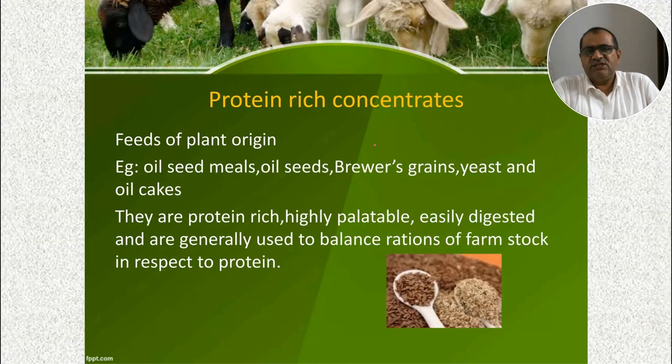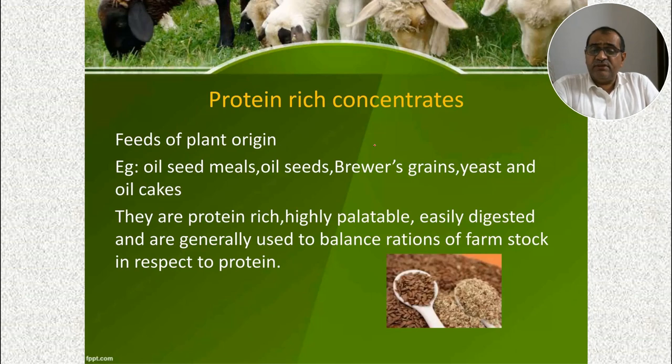Then another thing is the protein rich concentrates. For human beings, a lot of protein rich diets are available in the form of vegetables, fruits, and also meat, milk, egg and other animal products.